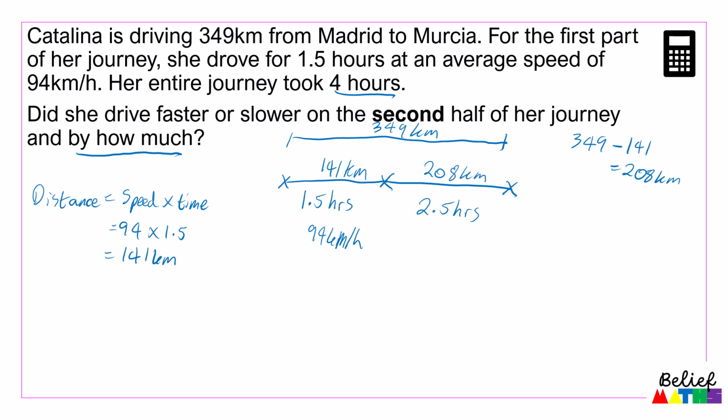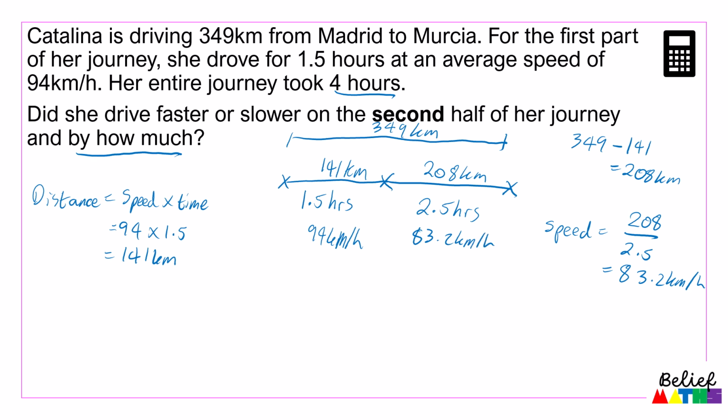Now what we need to do is figure out the speed, and remember speed is distance divided by time. So the speed here is 208 divided by 2.5, and the speed then that she drove in the second part was 83.2 kilometers per hour. So we put that over here, 83.2 kilometers per hour.